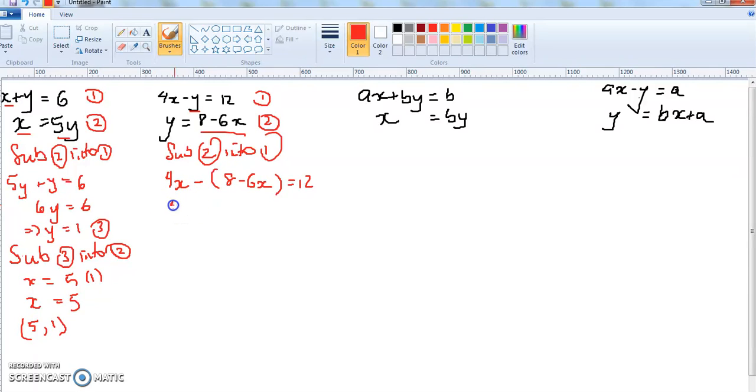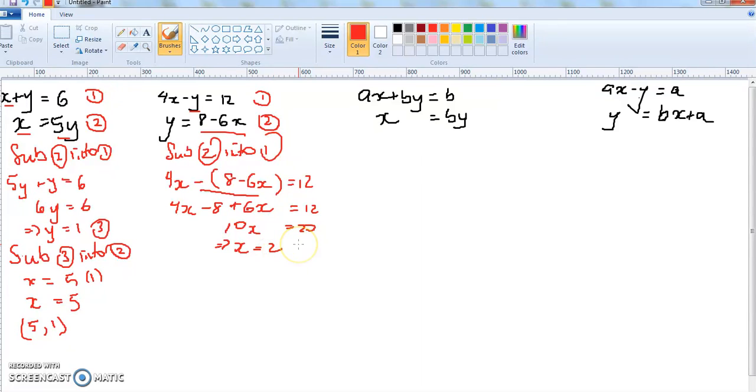So from there, I've got 4x minus 8 plus 6x, because we've got to expand the brackets, equals 12. So from there, 10x equals 20. So 10 times some number equals 20, so that number's got to be 2.